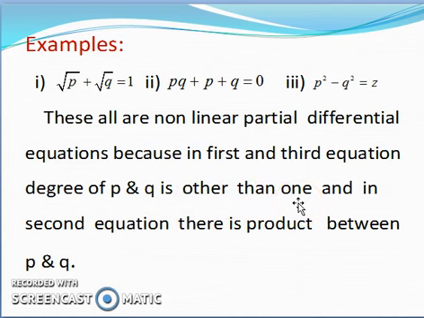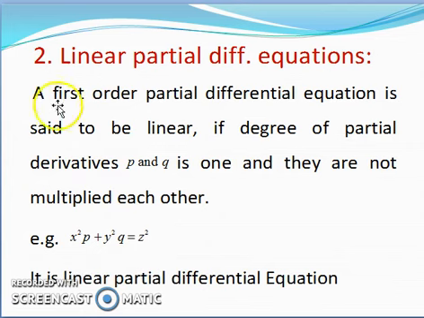So, these two belong to non-linear partial differential equations. And in the second equation, there is a product between p and q in the equation, so it is also called a non-linear partial differential equation.